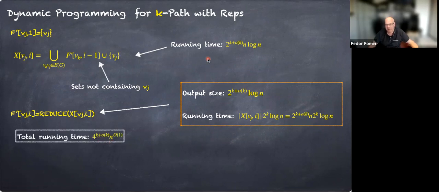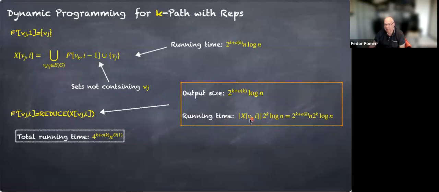So what is the running time? Because I know that the size of F prime is 2^k, I go through all sets of size 2^k and try to add a new vertex, so the running time is roughly 2^k times n log n. Because I'm computing a representative set, I compute a set whose size is 2^k.